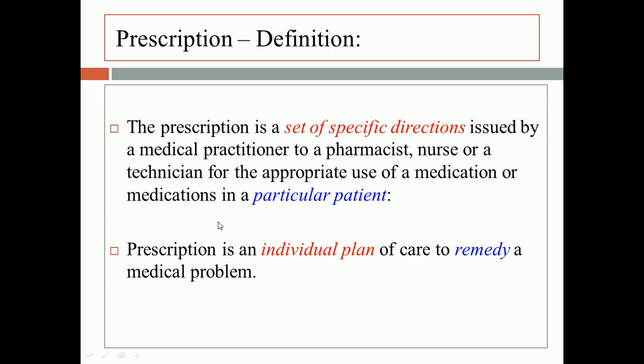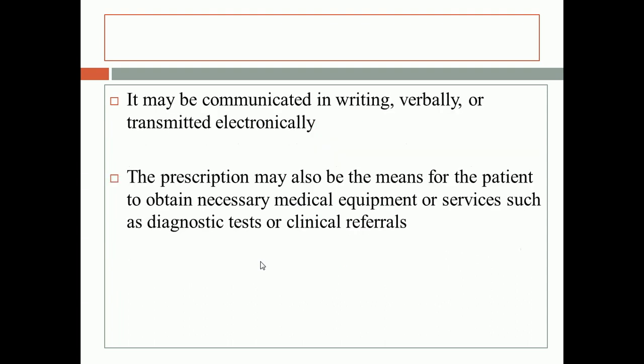So basically, prescription becomes an individualized plan of care to remedy a medical problem. The medical problem could be the same in many patients, but to remedy it, we need an individualized plan. We cannot go with a generalized plan.